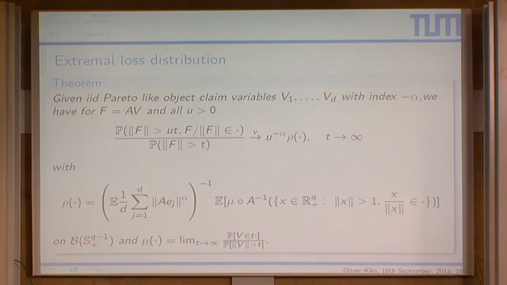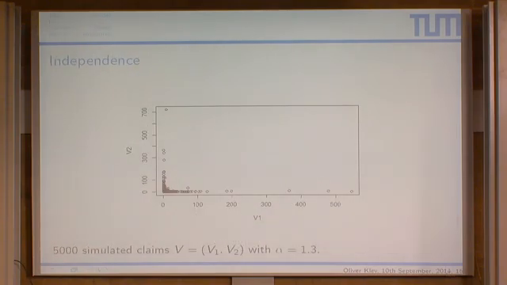The intuition is that I would have thought that if it's Pareto, it's more likely that you have large losses. If you have one-dimensional Pareto, it is of course more likely to have large losses. But this is the thing: if these two components are independent, then you also have large losses here, but only in one component.